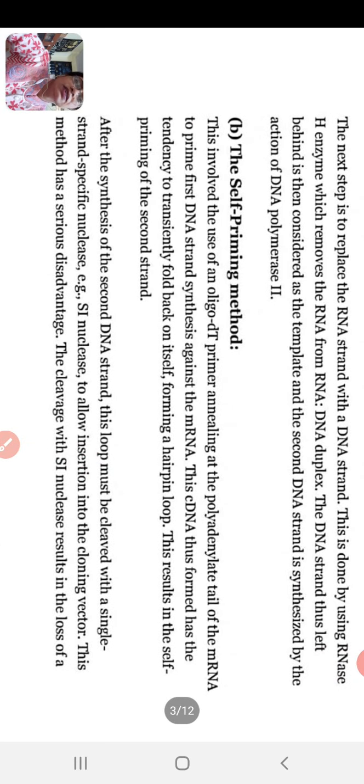Second is the self-priming method. This involves the use of an oligo dT primer annealing at the polyadenylate tail of the mRNA to prime first DNA strand synthesis against the mRNA.